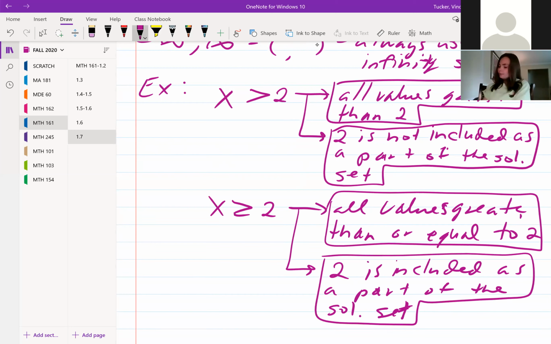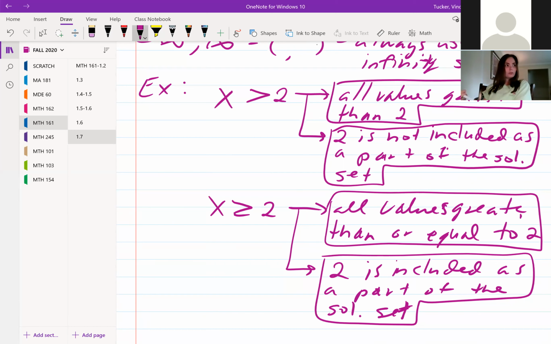Okay, so if I have x is greater than 2, we mentioned it already that we want all values that are greater than 2. So that means 2 is not included as a part of the solution set. If I want all values greater than 2, then 2 is not a part of that.